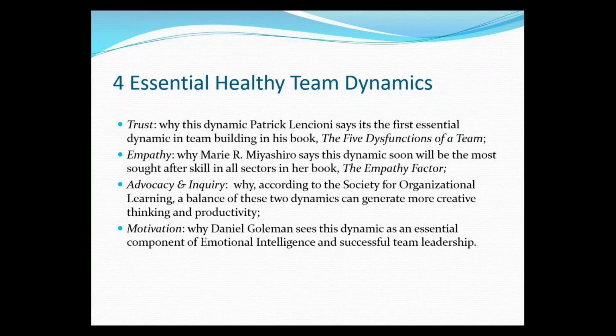And then advocacy and inquiry, which some of you may not be as familiar with, that a number of people are talking about now as really just a helpful tool for getting a balance on the way we share information and ask for information on our teams. And then finally, motivation, which I think is a very key part of team dynamics.